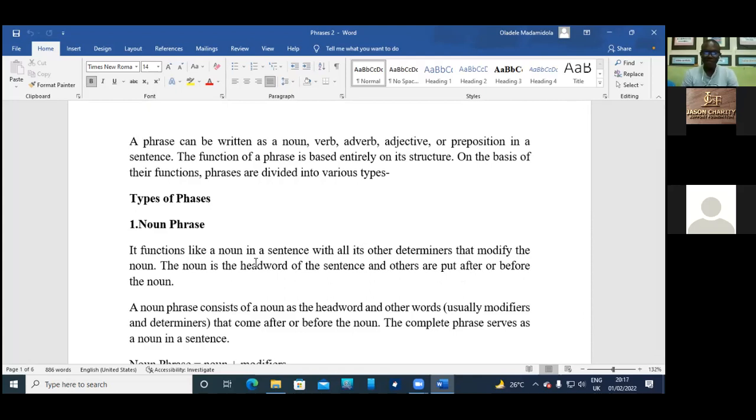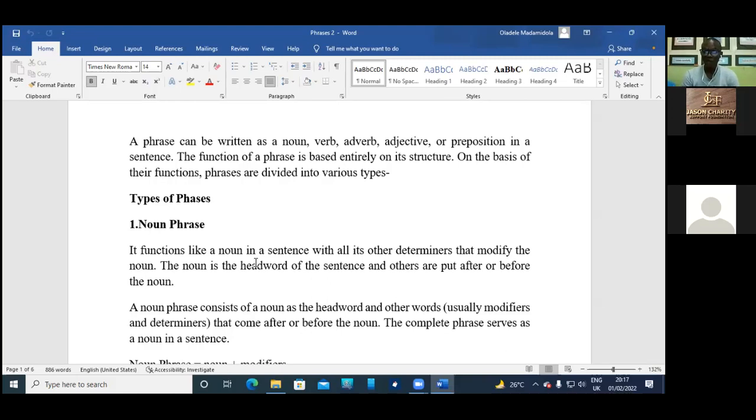Now, a phrase can be written as a noun, verb, adverb, or preposition in a sentence. And this simply means that a phrase can take any position and can function as any of the parts of speech. If, for instance, you have a phrase in the subject position, that phrase, of course, would be a noun phrase.